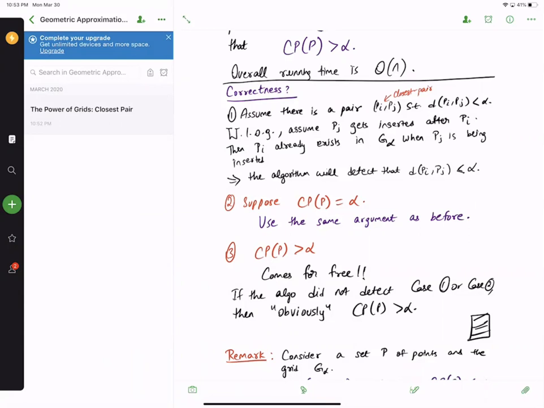So the number of binary searches you have to do could be infinite. Typically when you do a binary search, you have n items, so the number of steps is log n. But here you're talking about real distances, so it's not clear how to do a binary search on them. But maybe one can. In any case, if you do use a binary search, you're just losing a log factor, and that's not something we want to do.